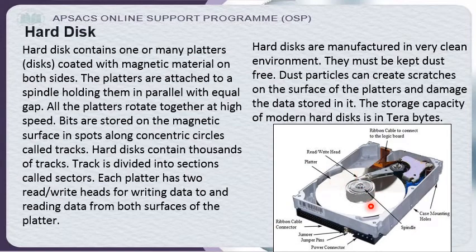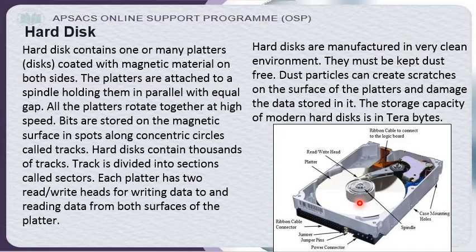These plates move with the help of the spindle because they are attached to it. It's not like one plate will move and then the second plate will move. All the plates, two or three on a hard drive, will move together, or we can say they rotate together at a high speed.